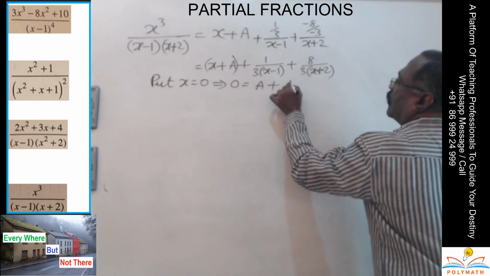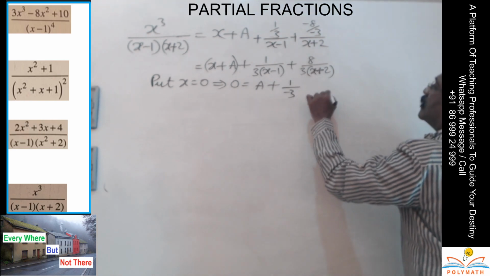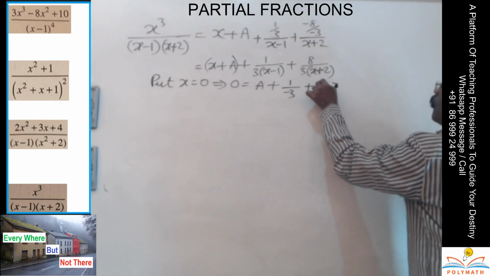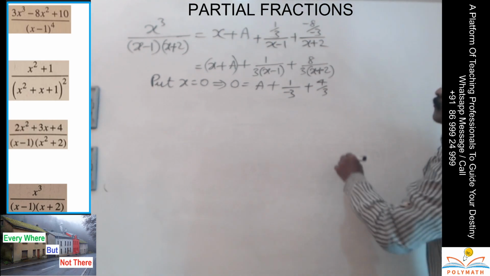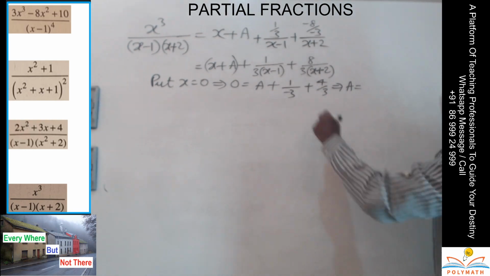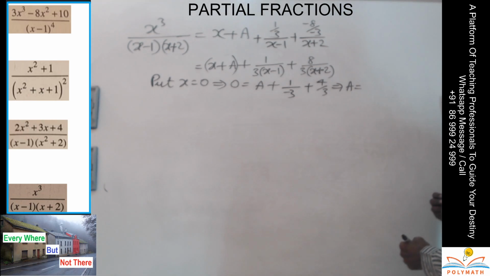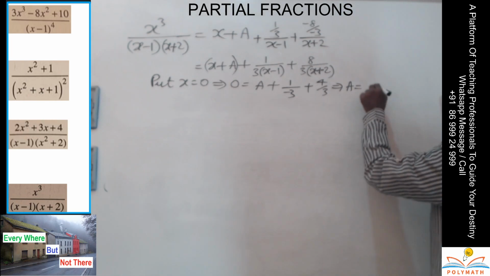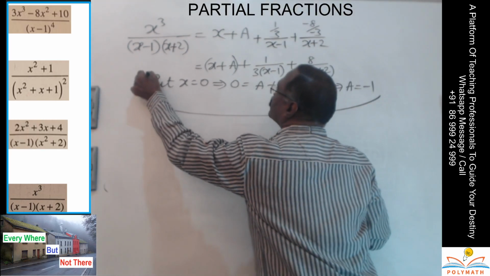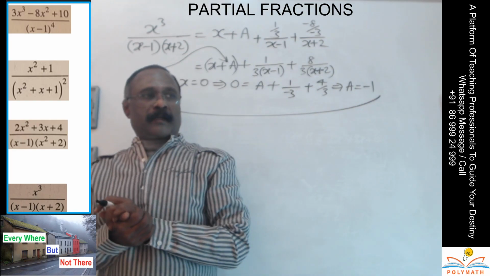This is 1 by 3 into minus 1, minus 3. This is 8 by 6, 4 by 3. Implies a value is minus 1 by 3 by 3, 1 minus 1. A value is minus 1. So your a value is this. Just see that.